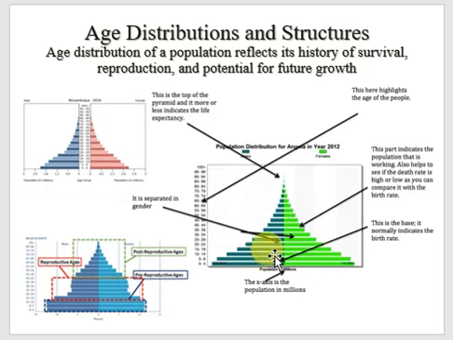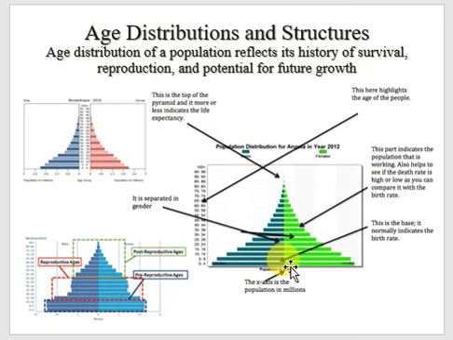And either along the y-axis or sometimes right in the middle of the two gender clusters, you'll see an axis that highlights the age brackets or the age categories of individuals in that population. Right? So you may have 0 to 1, 1 to 3, 3 to 5, etc., etc.